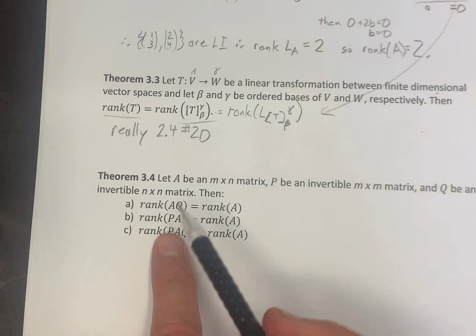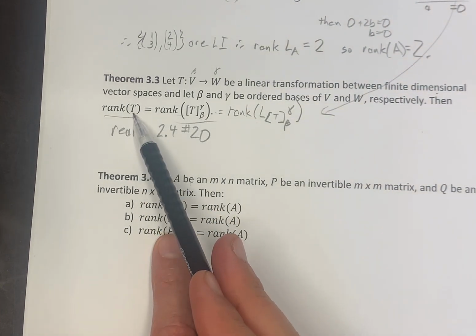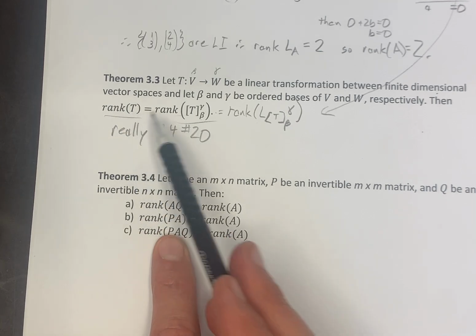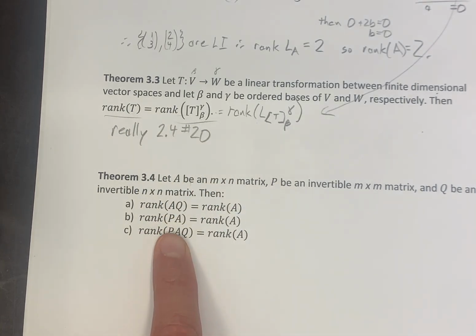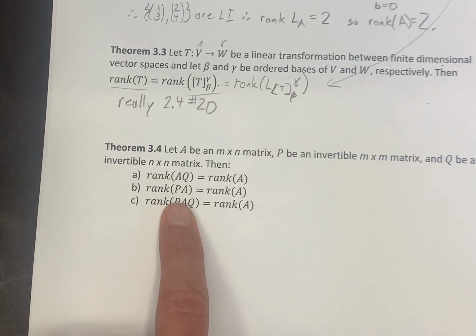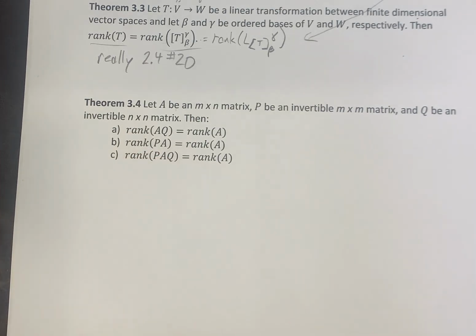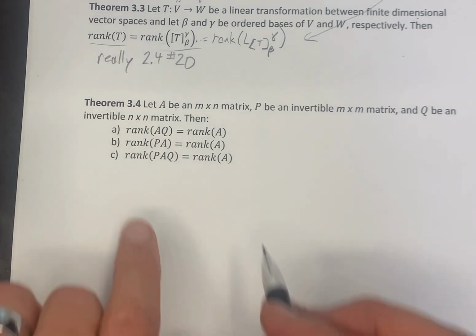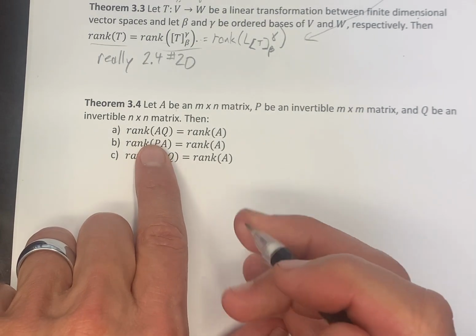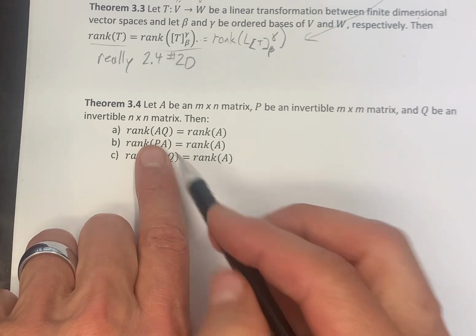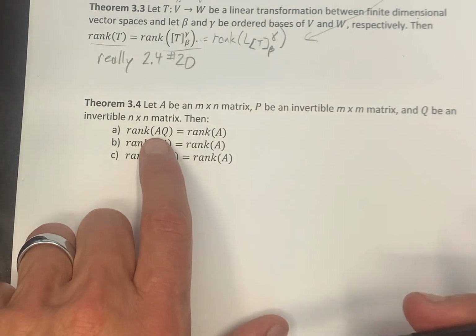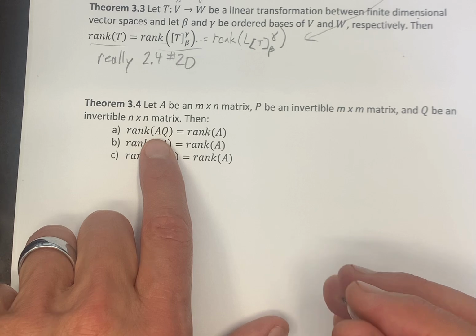Okay, now we've reduced thinking about linear transformations and the rank, the dimension of the ranges, to thinking about them in terms of the rank of a matrix. Now matrices have a lot of pluses. They're very concrete and work the same way for every linear transformation. Whereas linear transformations might have different domains, matrices are all the same.